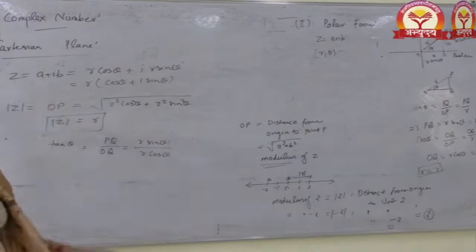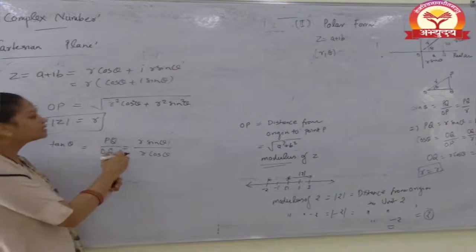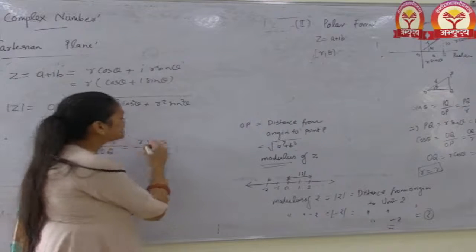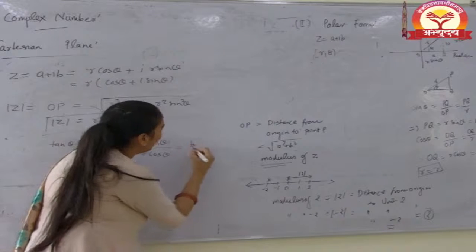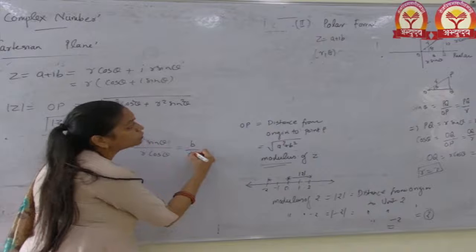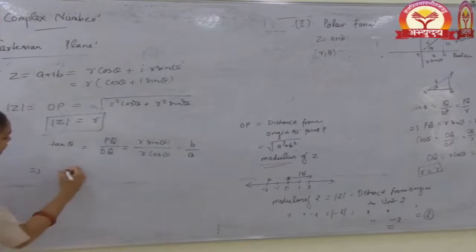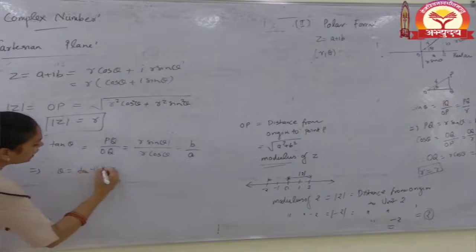Tan theta is just R sin theta upon R cos theta, and this R sin theta is equal to Y, that is B, and this R cos theta is equal to A. So this will give theta is equal to tan inverse.